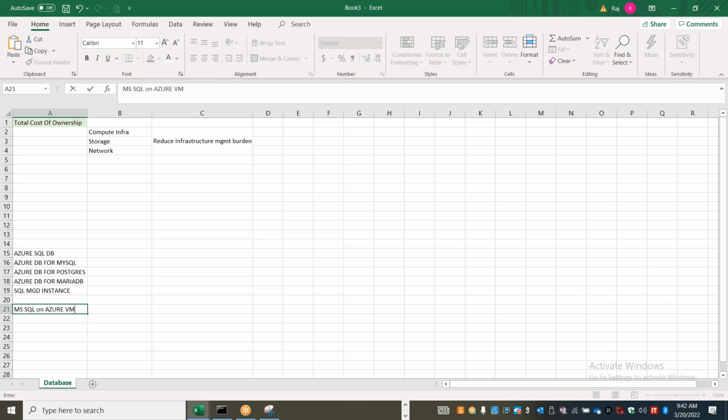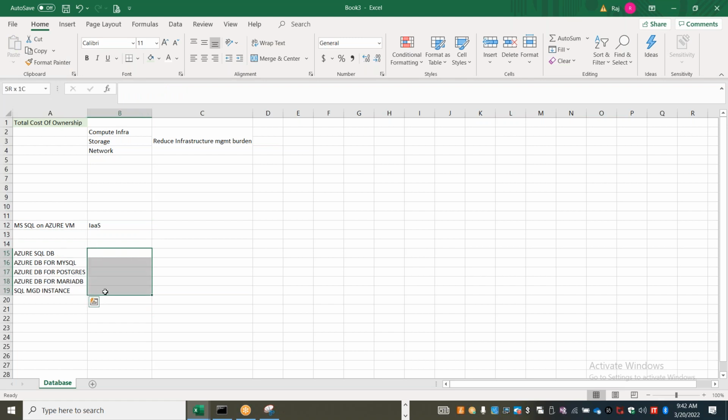Yesterday we deployed one VM at the very end of the session, right? We created an Azure VM with Microsoft SQL database pre-installed on it. This is the infrastructure as a service option. Even in this case, we don't have to worry about the complete backend infrastructure.